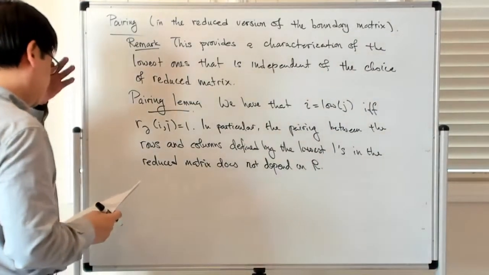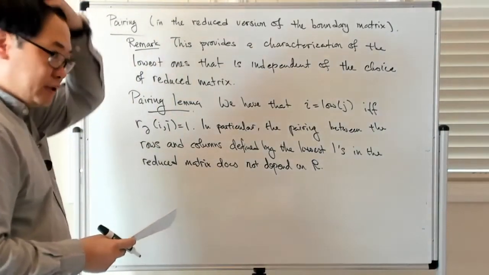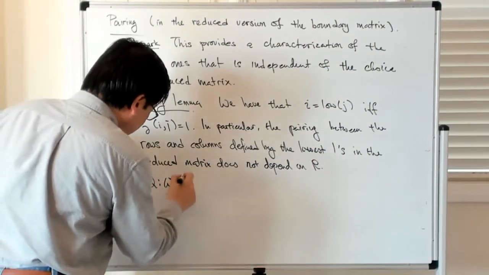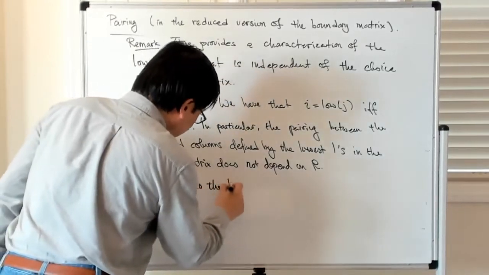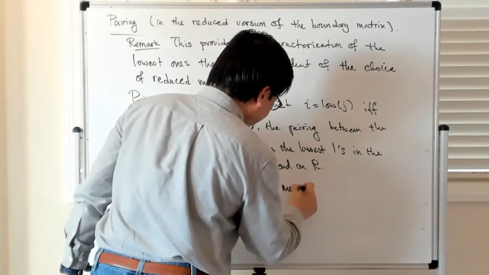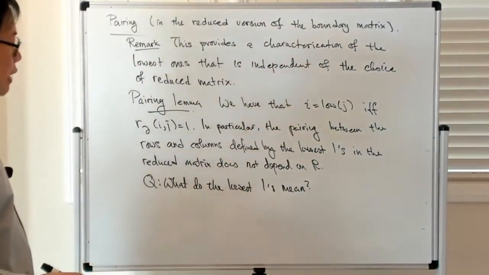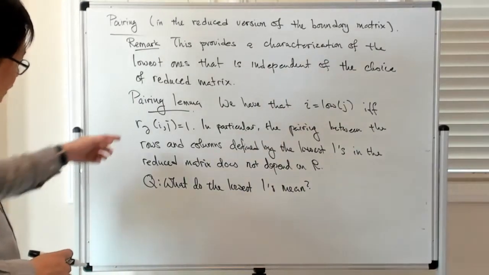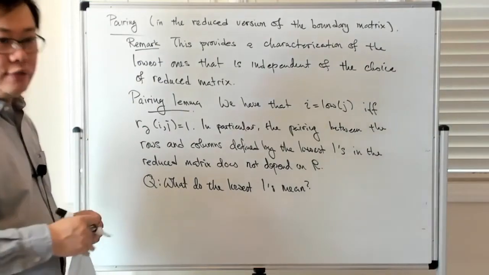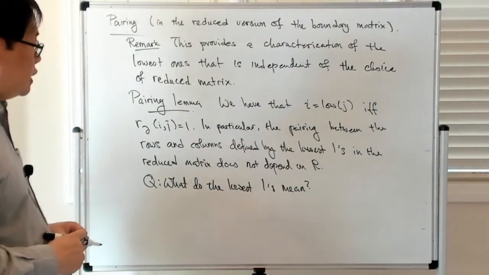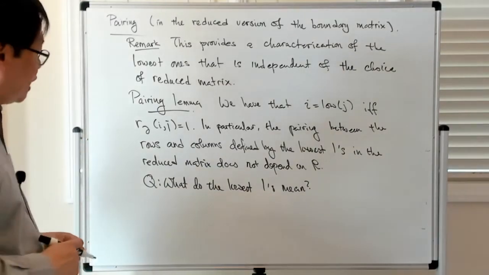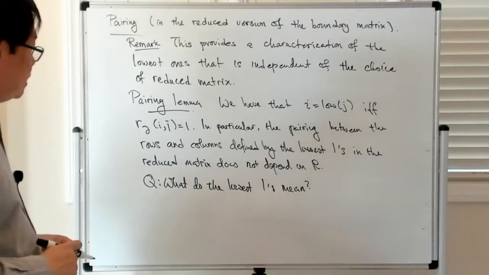So the next obvious question is, what do the lowest ones mean? And again, the formula you have for the entries of this R looks suggestively close to the formula that shows up in persistent homology, right?